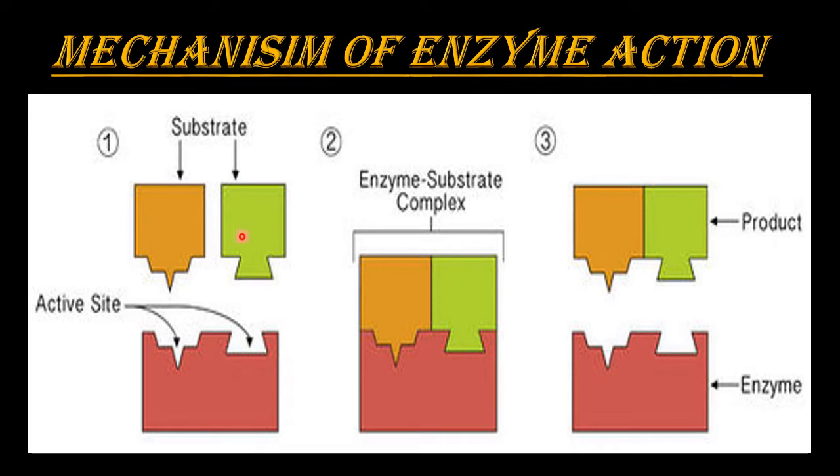These two substrates attach with the active site of the enzyme. As a result, the enzyme substrate complex is formed. Now this enzyme speeds up the reaction, or catalyzes the reaction.